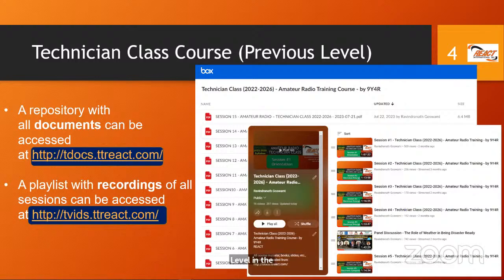There's a previous level called the technician class level, and on your screen are the links to take that course. It's available on demand, and you can have a look at it at your own leisure and time. And there's also a link for all of the handouts, including the text for that course level. So that's the first level, the technician class course. But we are currently doing the general class, or level 2.